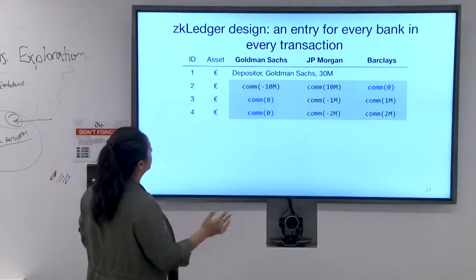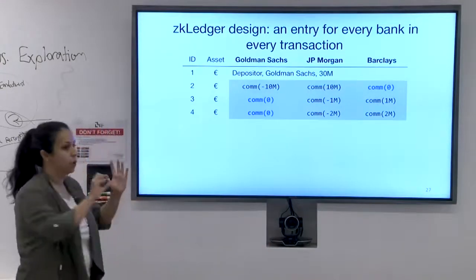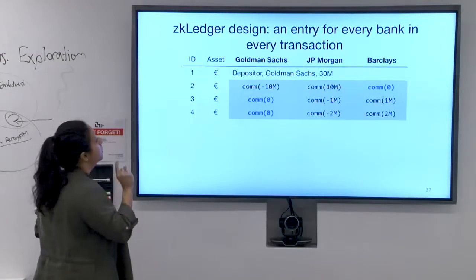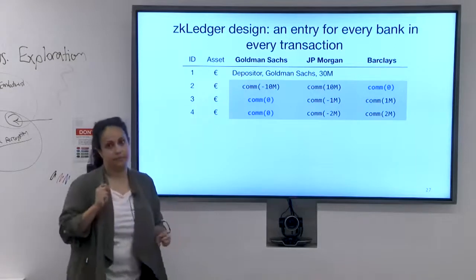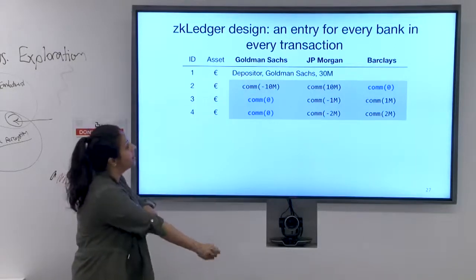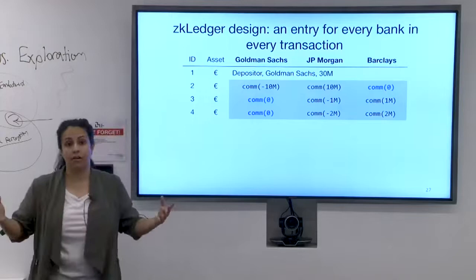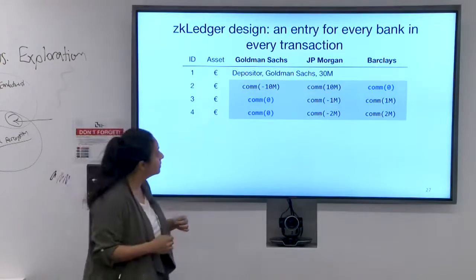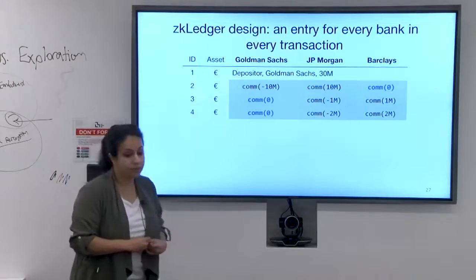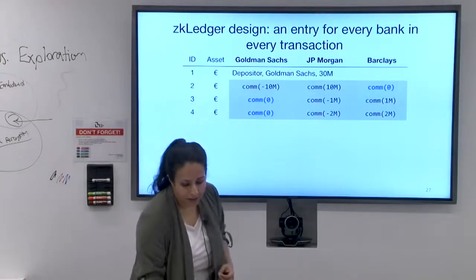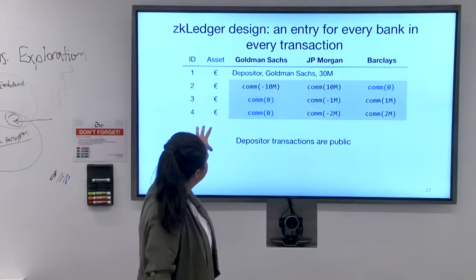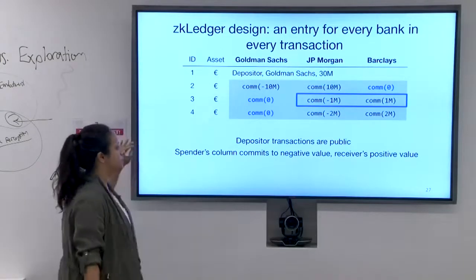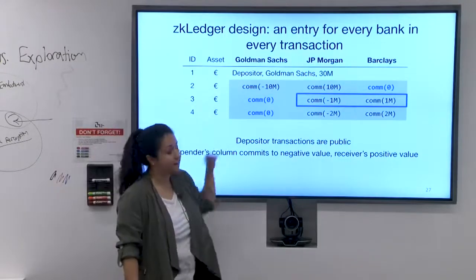So now we're kind of looking at a transaction as a row with multiple columns. And there's a column per participant in the system. If a bank is not involved in the transaction at all, then their commitment is to the value 0. If the bank is involved in a transaction and it's doing the spending, it commits to a negative value.